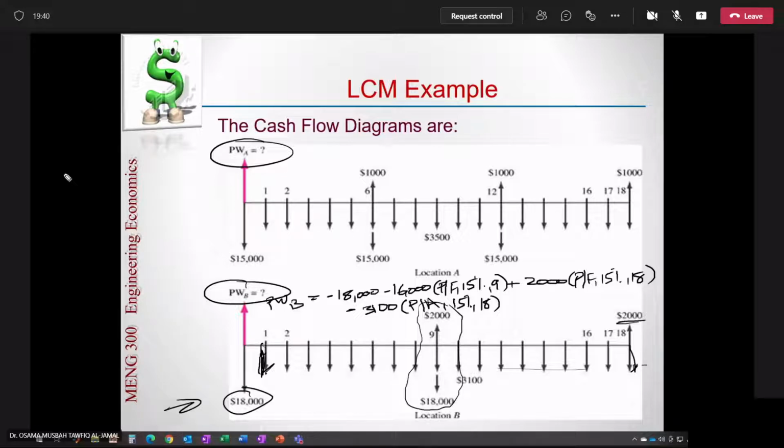Then, after getting the answer, you need to check which of those will give you lower cost, less negativity. The less negativity means that's the one you are going to select.